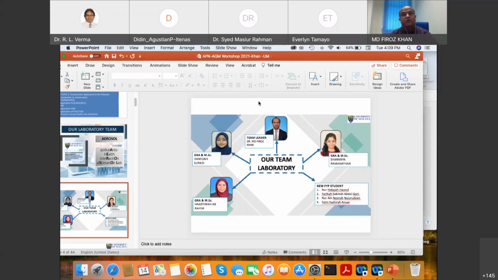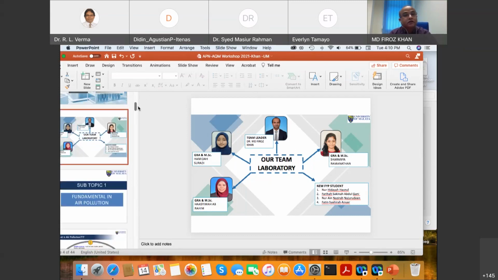So this information is parallel to what Dr. Ekburdin and Dr. Didin presented on how we can generate emission data, parallel to those emission inventory data, the source information data, source specific toxic pollutants and their strength from the source, how they are coming in the air. This is how we are trying to develop some data. So let's move on to the next slide here.